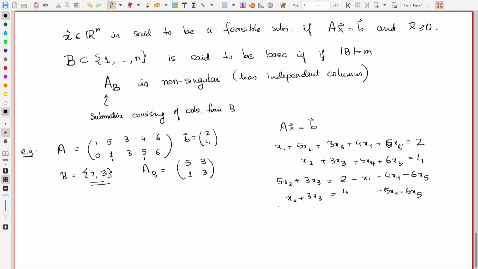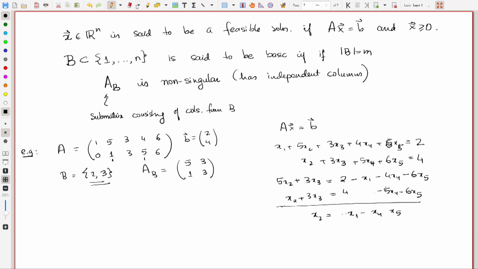Okay, but now these two equations are independent. So, I can solve for x2 and x3. In fact, I can write x2 is 4 minus 5 x4 minus 6 x5 minus 3 x3 and then substitute that in here. And so, I can write x2 in terms of x1, x4 and x5, and some constant.